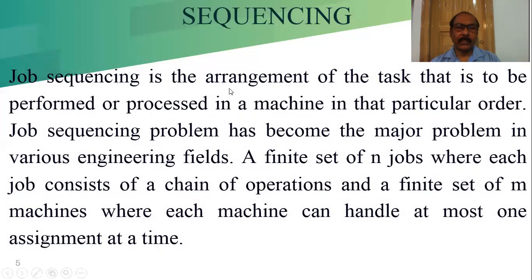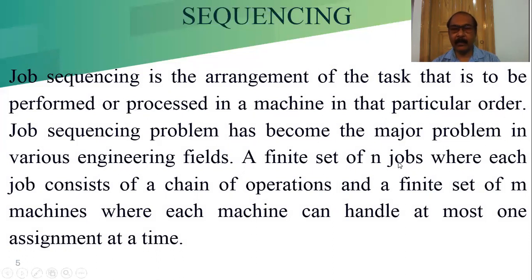Job sequence is the arrangement of the tasks that are to be performed or processed on a machine in a particular order. The job sequence problem has become a major problem in various engineering fields.